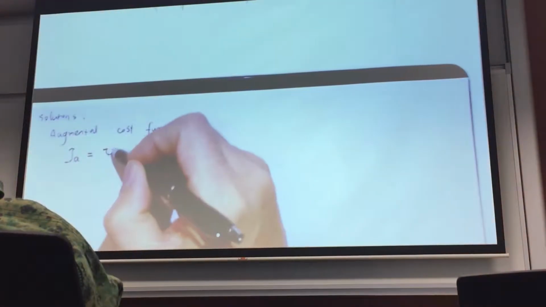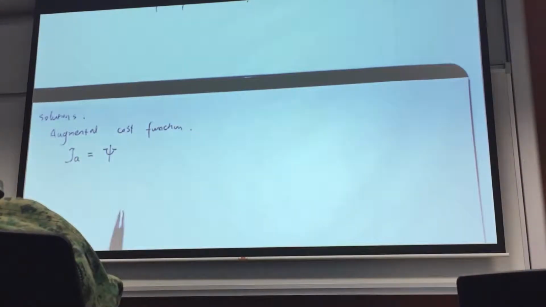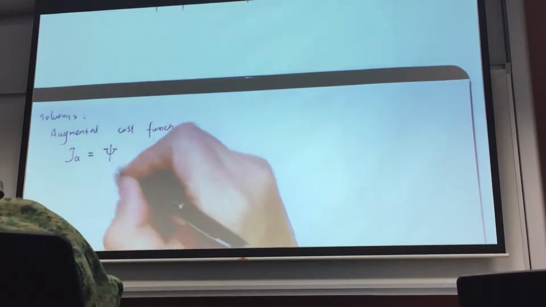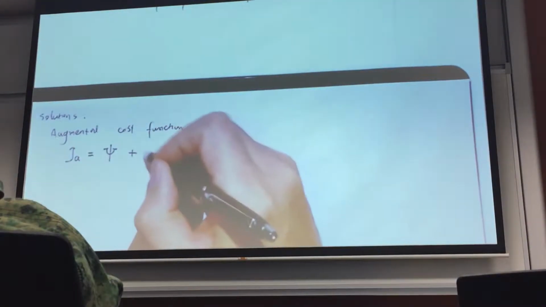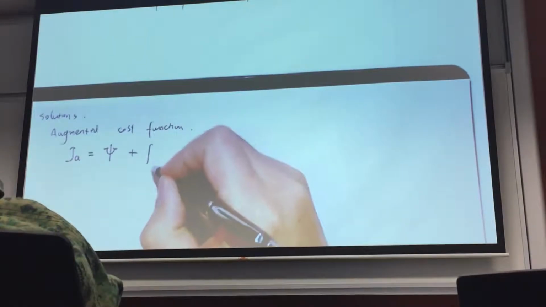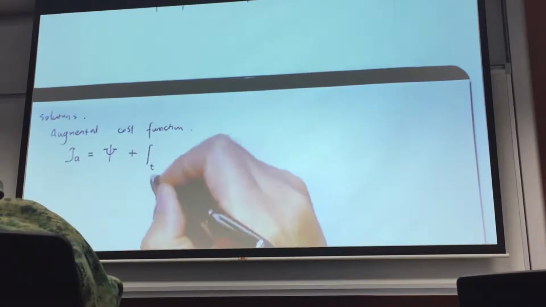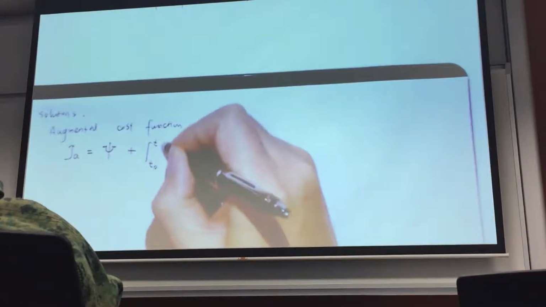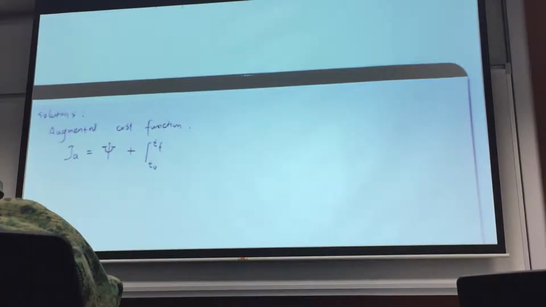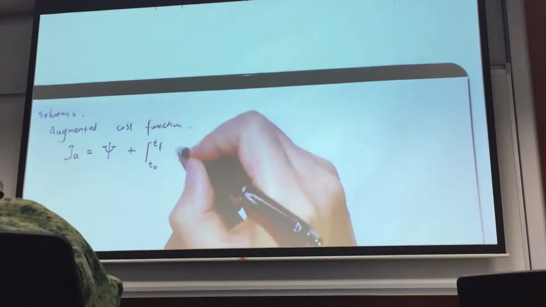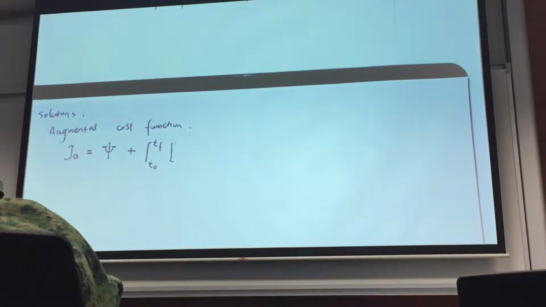But here, remember that the first one is only related to the final state. So we are not going to augment this part. Instead, we want to augment the control part between T0 and Tf. To make it simple, I just ignore the dependence on the variables.